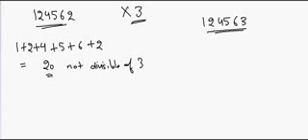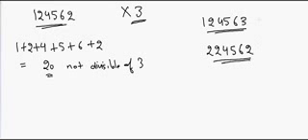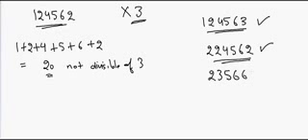Or we can increase any other digit. We can say 2, 2, 4, 5, 6, 2, which should also be divisible by 3. Or we can say 3, 5, 6, 6, 2, increasing 1 in each of these, and this should also be divisible by 3.